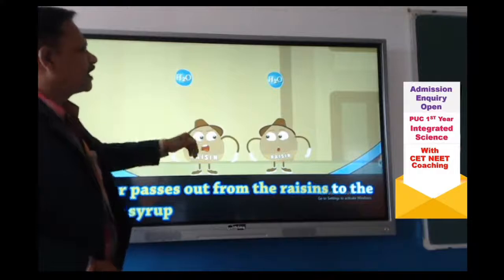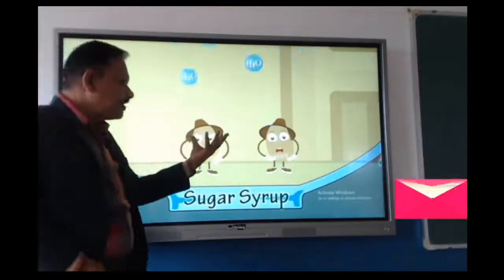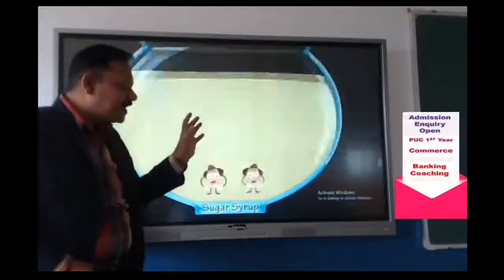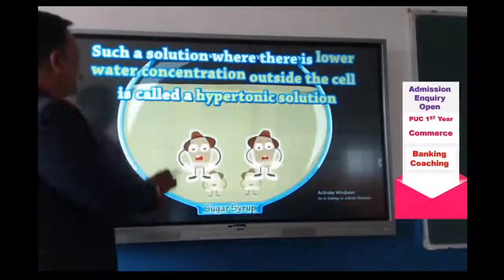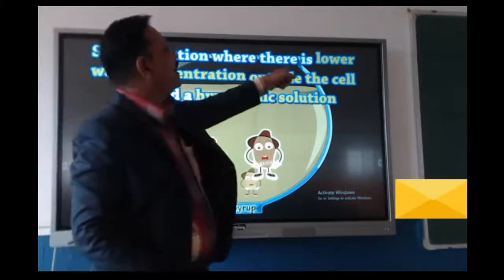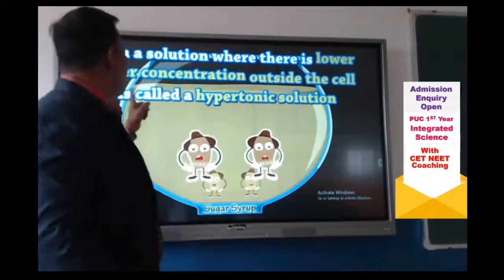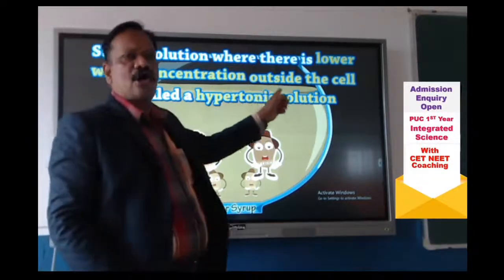The water is going out from the raisin. Now see, the volume is decreasing, shrinkage is taking place. Now see, such a solution where there is lower water concentration outside the cell is called a hypertonic solution.